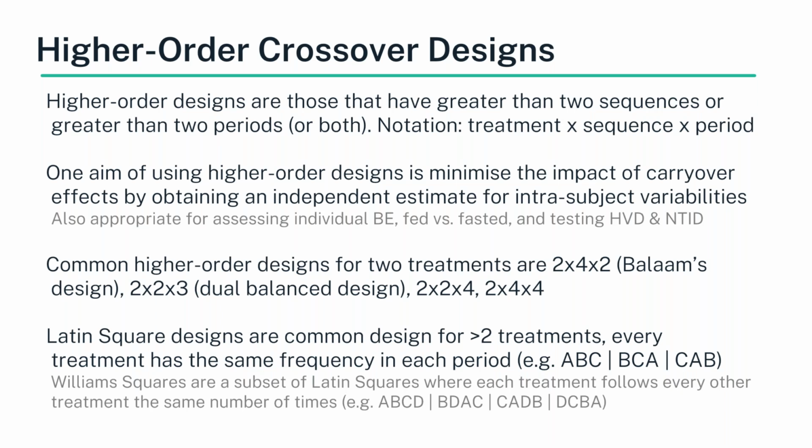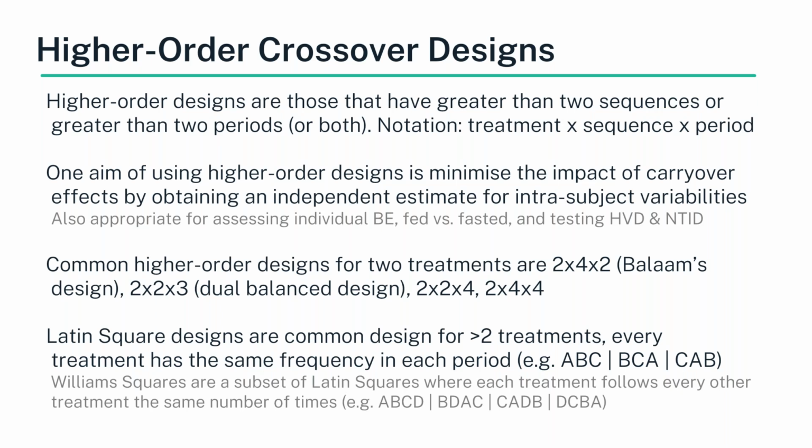Higher order designs can be used for average and population bioequivalence as well, and in many cases they'll be strongly recommended depending on the treatments, but they are required for assessing individual bioequivalence, because when we talked earlier about switchability, that's a within subject assessment.